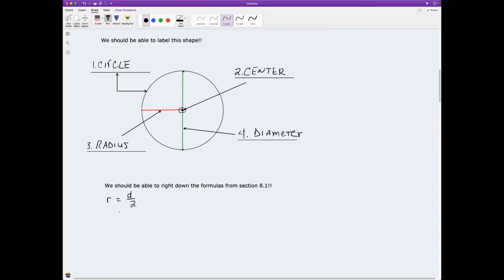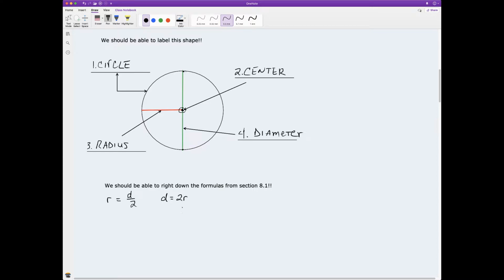Another one was, what if I give you the radius and ask you to find the diameter? That formula was: diameter equals 2 times the radius.